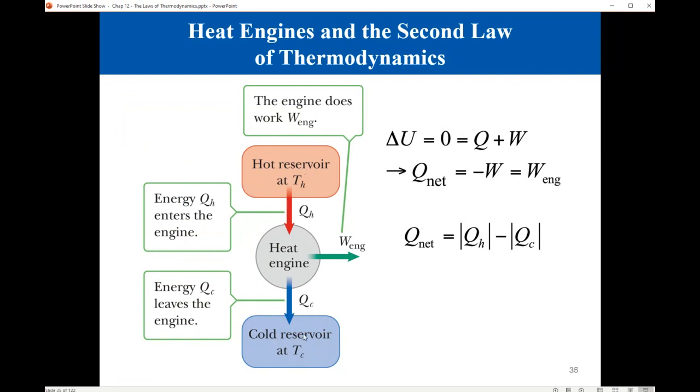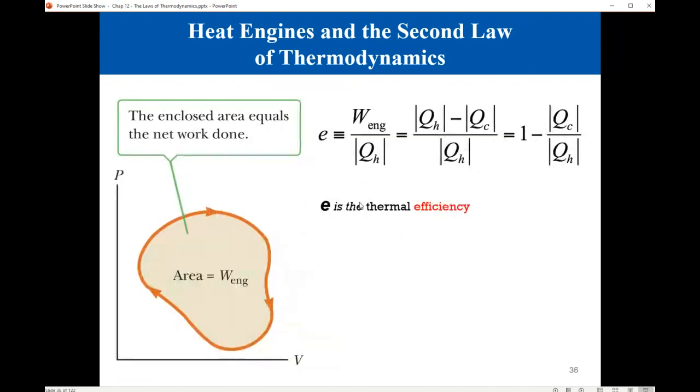The efficiency equals the output energy divided by the input energy. This is how we define the efficiency. And the work done by the engine is the difference QH minus QC. So here you have QH minus QC divided by QH. Simplify. This is equal to 1 minus QC over QH.